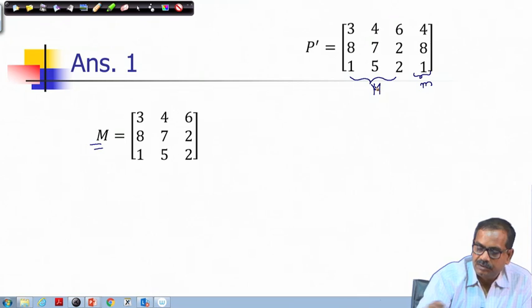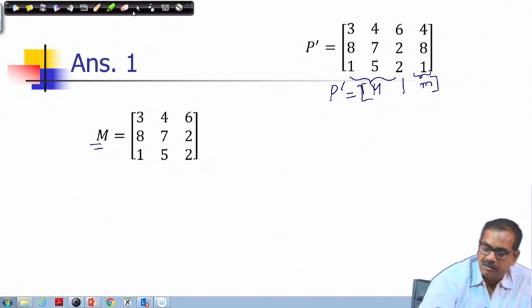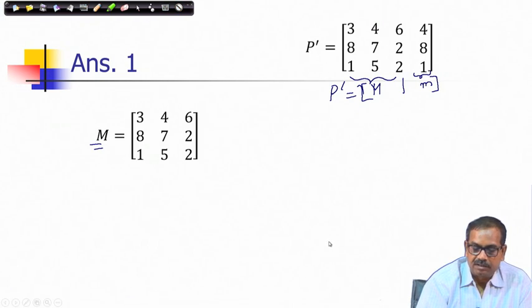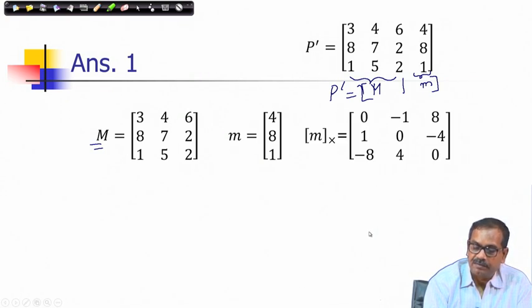These are the notations we have used earlier. So, we represent this P prime in this form, with the submatrices. Then we will apply the corresponding relations, computations involving m and M, which will give us the fundamental matrix.